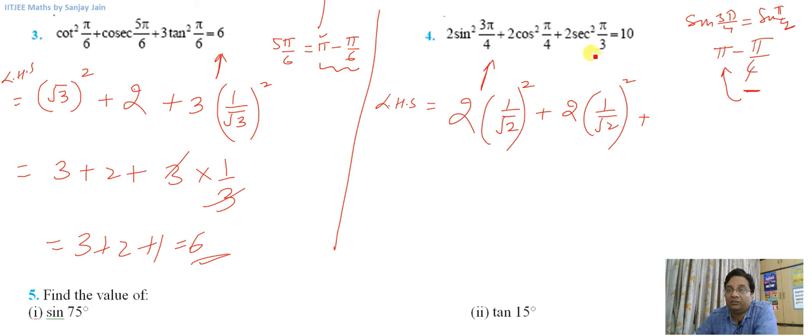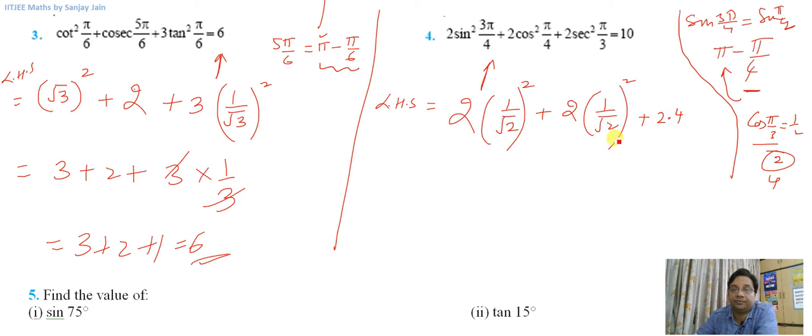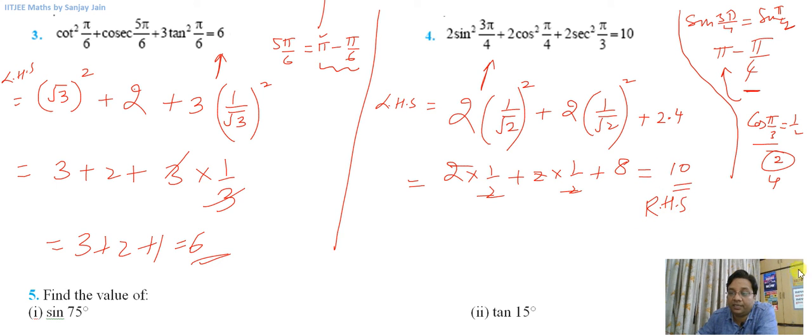If you are not comfortable with secant, you can think in terms of cos. What is cos pi by 3? It is 1 by 2. So what will be secant pi by 3? It will be 2. 2 squared will be 4. So 2 into 4. It is equal to 2 into 1 by 2 plus 2 into 1 by 2 plus 8. This is 1, this is 1. 1 plus 1 plus 8, that is 10, which is my right hand side.